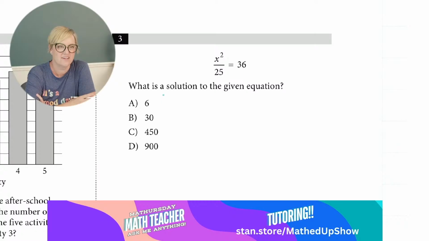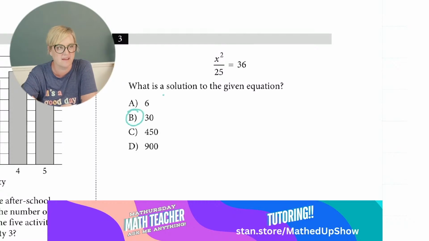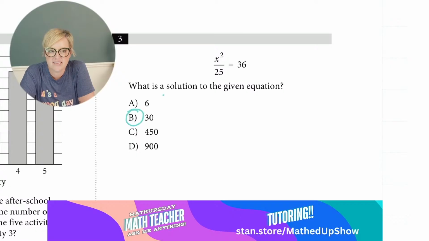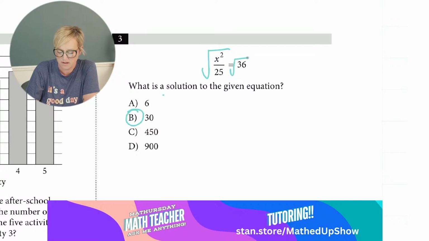All right, good. So the answer to this one, or a solution to this given equation, is B, 30. Okay, so I saw lots of things that people were saying. You could square root the whole thing, right? So if you square rooted both sides, you would get x over 5 equals 6, okay?